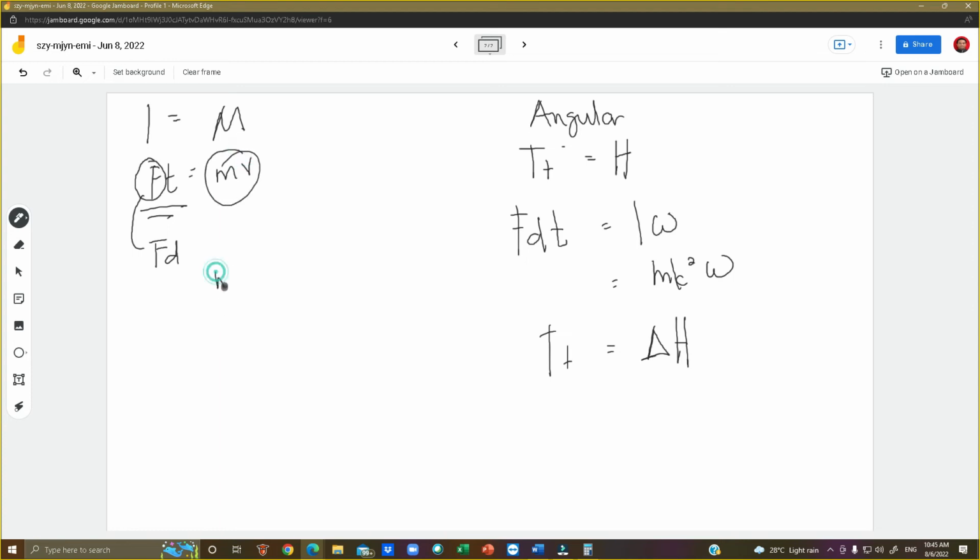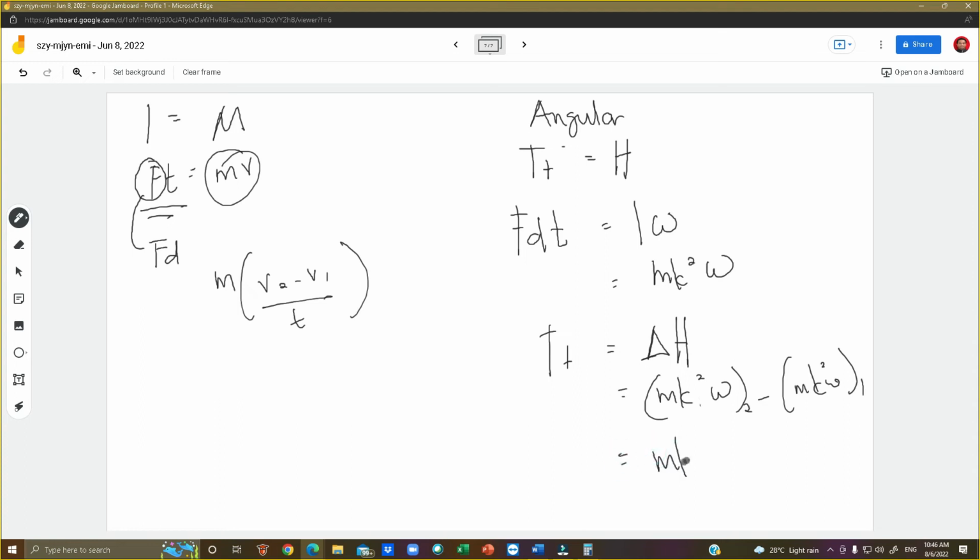Change of linear momentum. Okay. Change of linear momentum. Sama macam ni. Jadi, angular impulse can also be written as mk square omega final minus mk square omega initial. And it can also be written as mk square alpha.